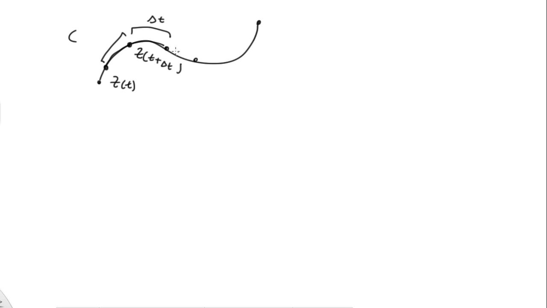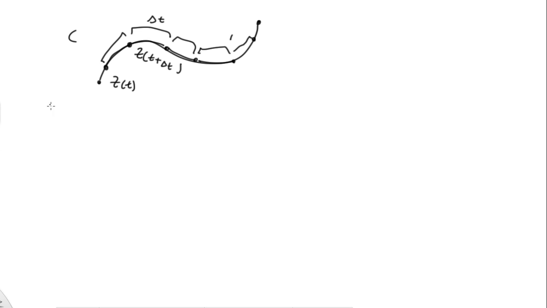So again, we have this contour, and I can draw it like that. If I take a point on this and another point on that, this is z of t, and at some later point we're traveling along there, and we get to z of t plus delta t. We're going to keep doing that, breaking it up into little delta t pieces, until we get to the end, right?